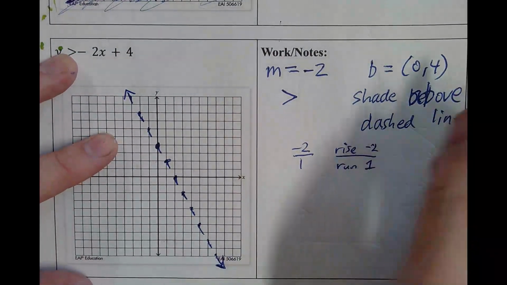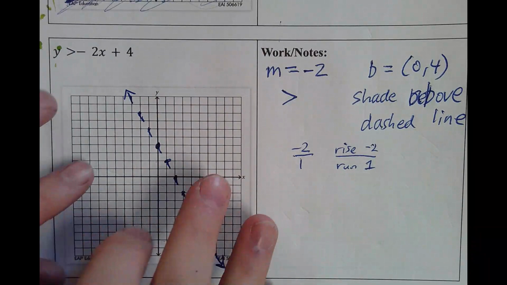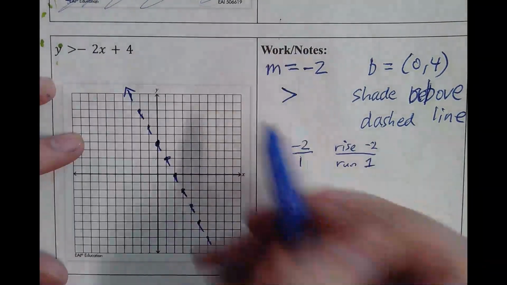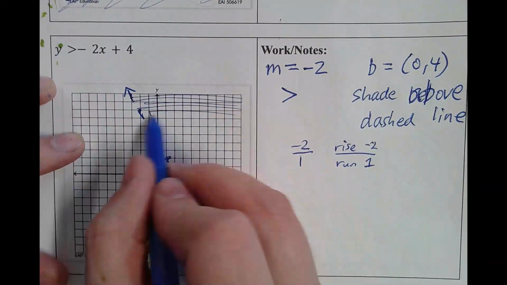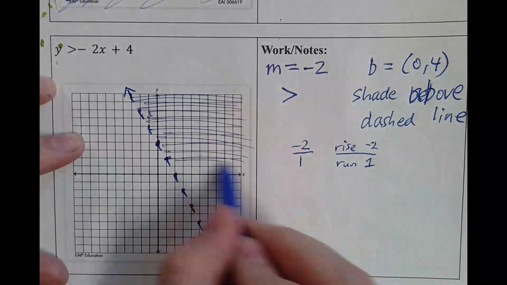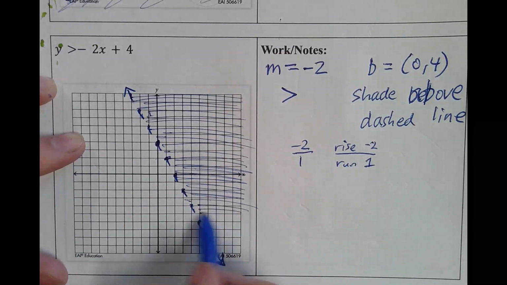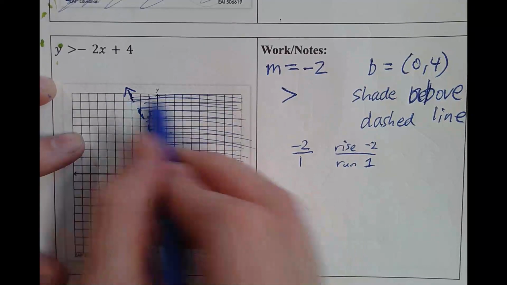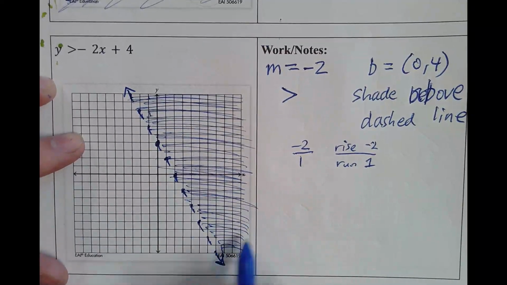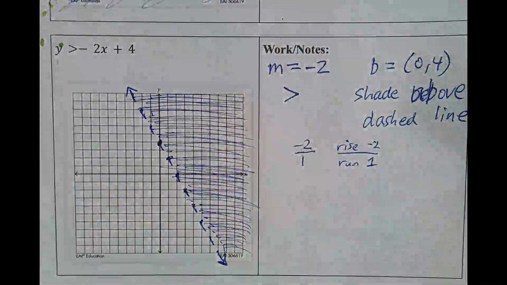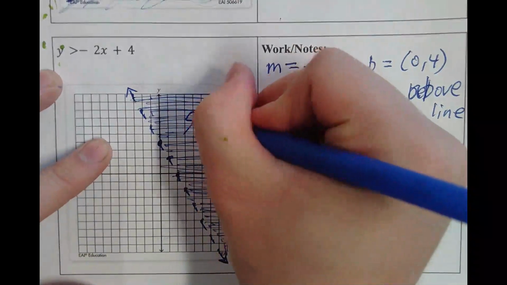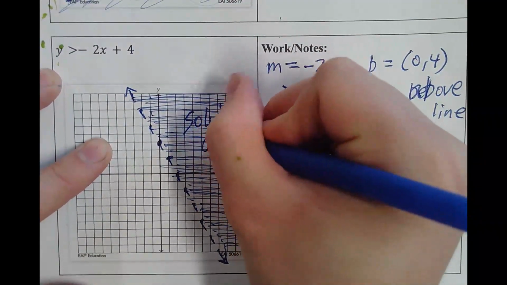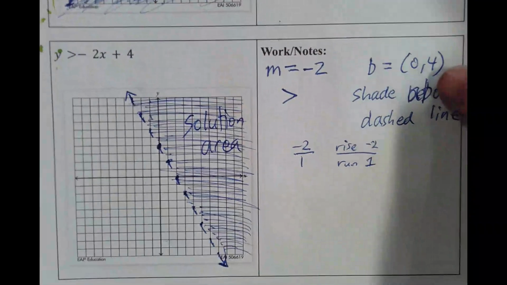So in this situation, I'm going to shade above, which means above means on top of, towards the roof. So I'm going to go ahead and shade everything on top of the line. So I'm going to do that trick that I showed you. Just shade to the right or shade up. And this is our solution area.